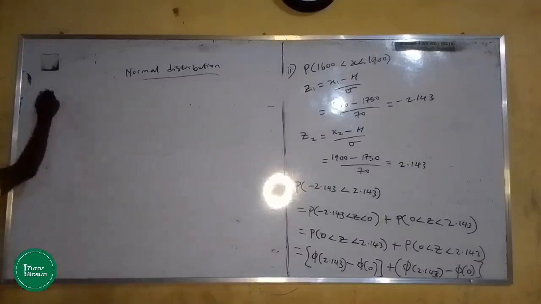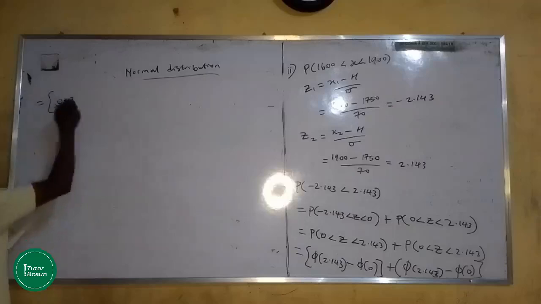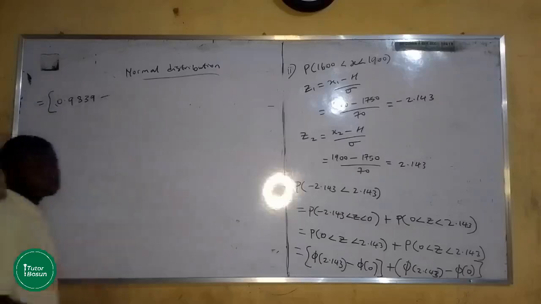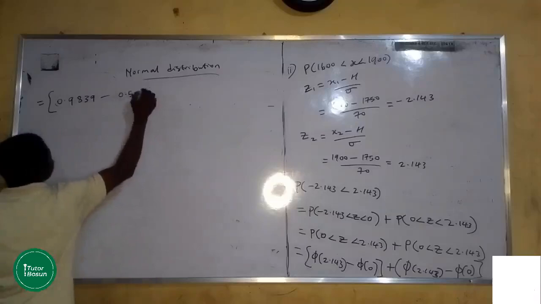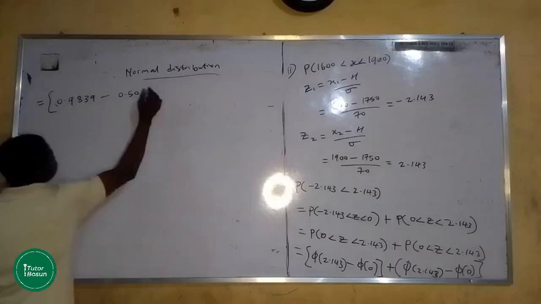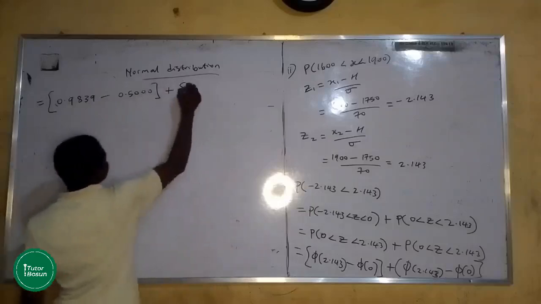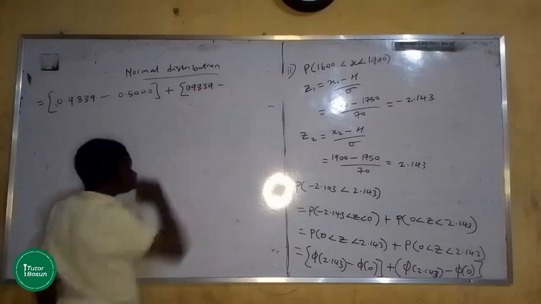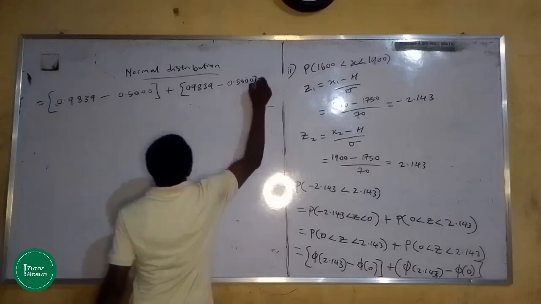The table should give us 0.9839 minus 0.5000, you can put it in 4 decimal places, plus 2.143 again, which is 0.9839 minus 0.5000.